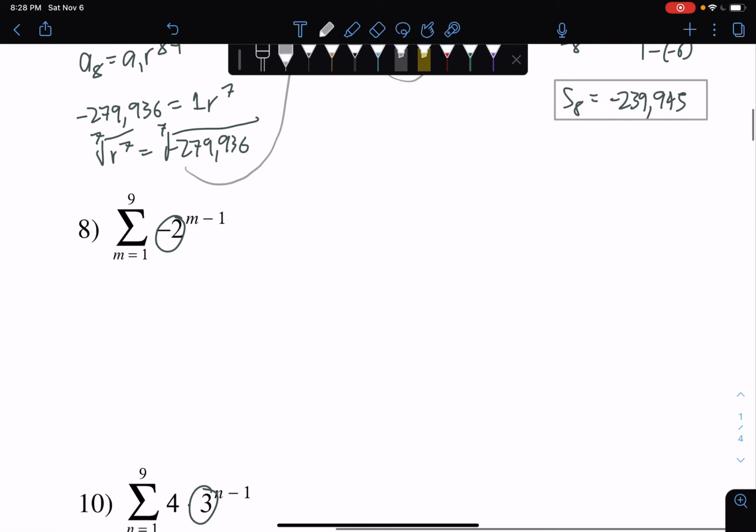Let's move to number 8. So we're given this kind of problem. So we know the drill. But in this case, we have negative 2 written this way. It's not in parentheses, so that means we could also suggest negative 1 times 2, right?